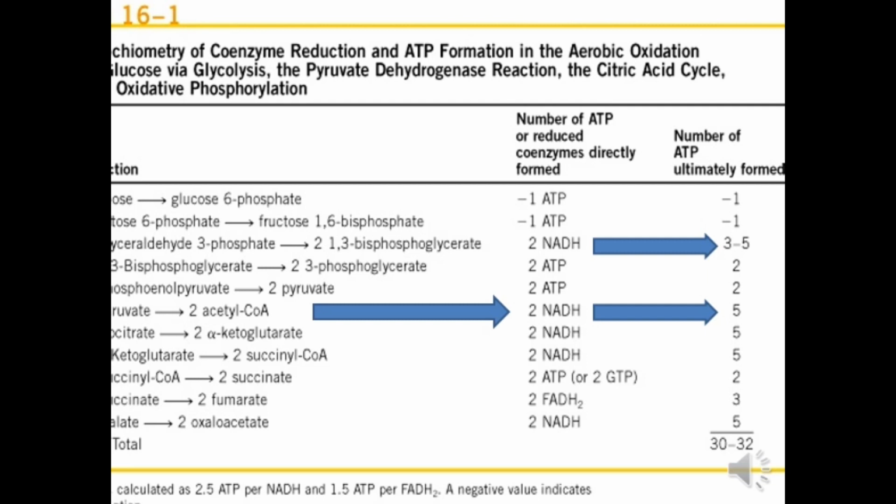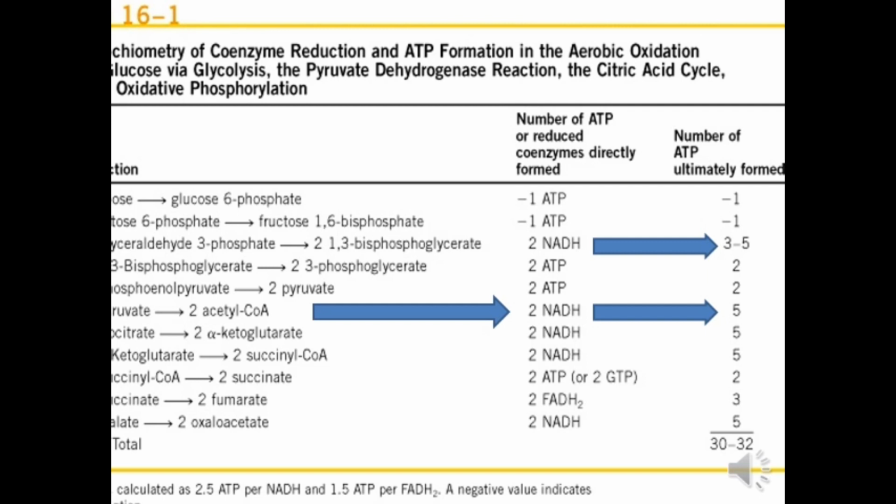This is 25, and plus 5 or 7, it depends. If it enters the respiratory chain through the malate shuttle, therefore we have 7 ATP. The total is 32.